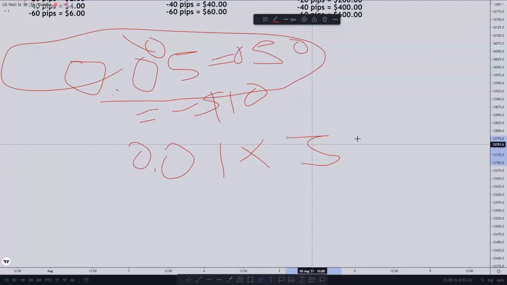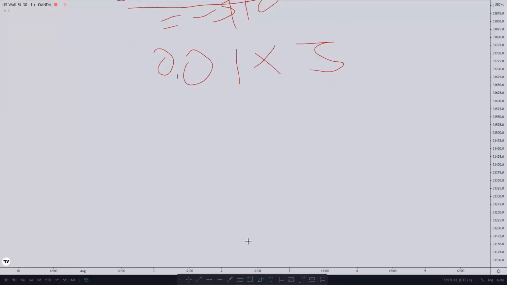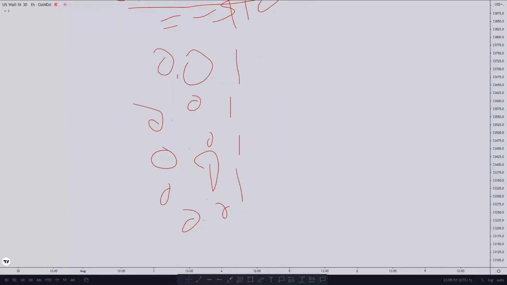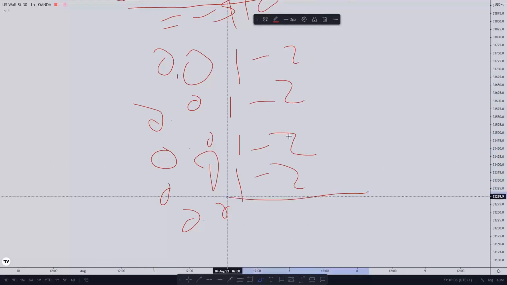So if you were doing this, it means that you're going to have 5 trades, which means that this trade was going to be like minus $2, minus $2, minus $2, minus $2, which you times by 5, that still gives you a minus $10.